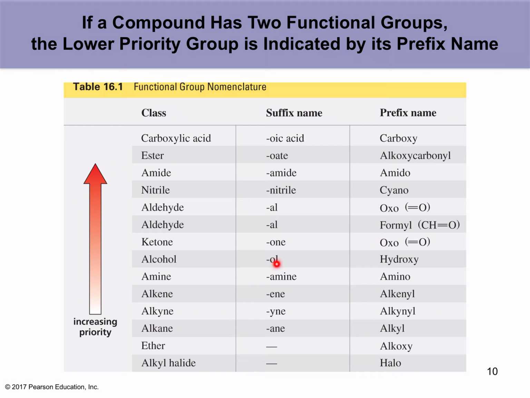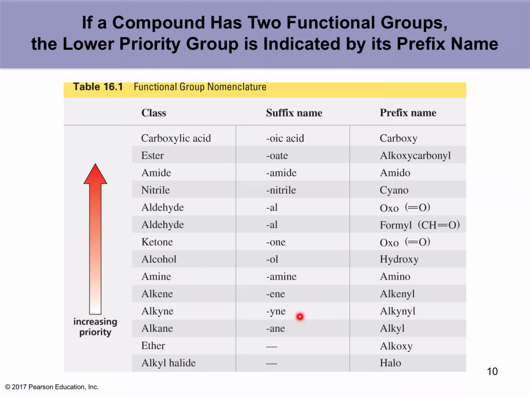Alcohol suffix name is ol, like pentanol. But if it is a substituent, we will call it hydroxy, like 2-hydroxy. And then the amine, amino. Alkene ends in ene if it is the main functional group, but if it happens to be a prefix, it would be alkenyl.